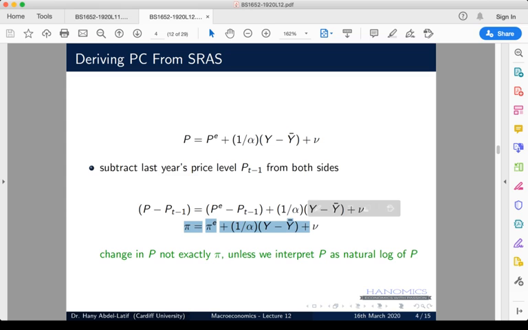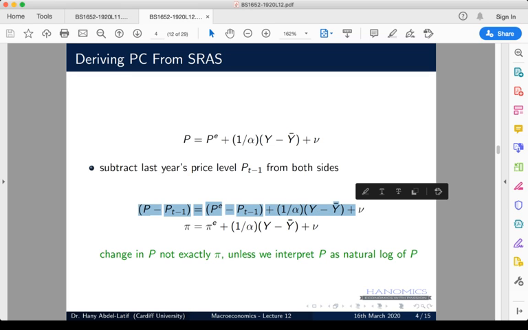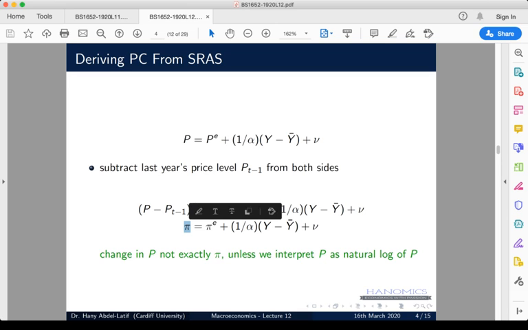The main point is that the inflation rate depends on the expected inflation rate plus some kind of constant, and what we have here is the output gap, as we explained before, the difference between the actual output and the full employment output level, of course, plus some sort of shock.